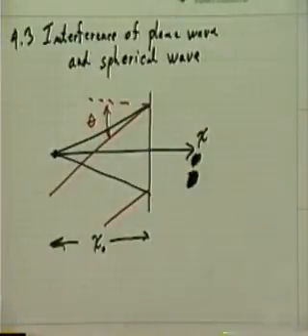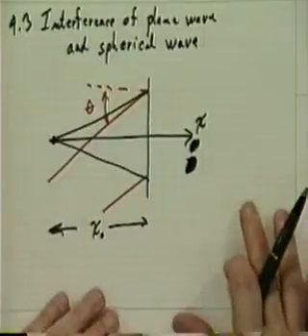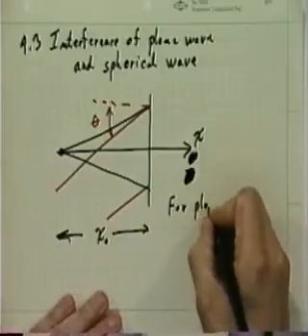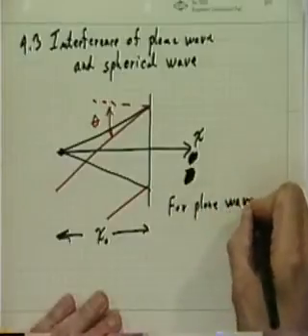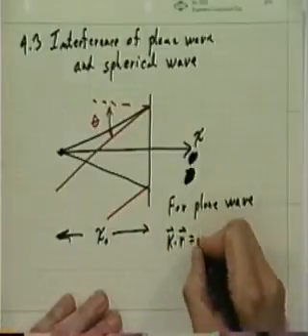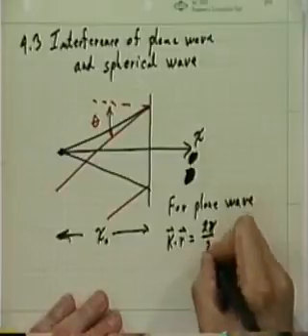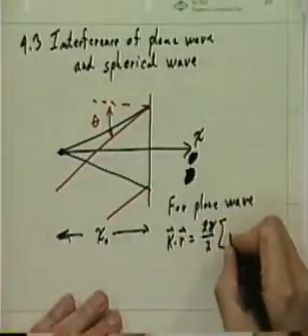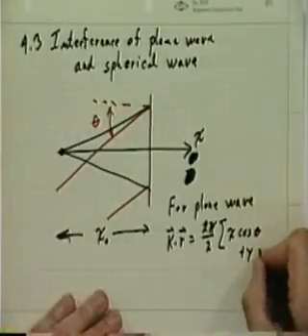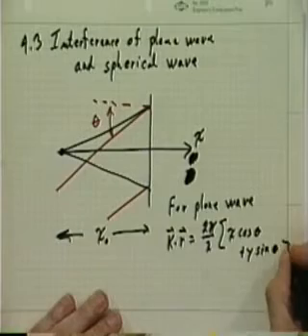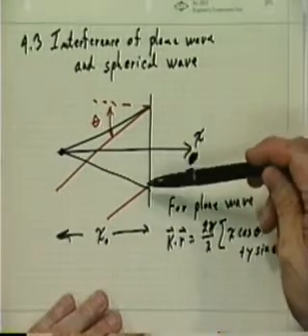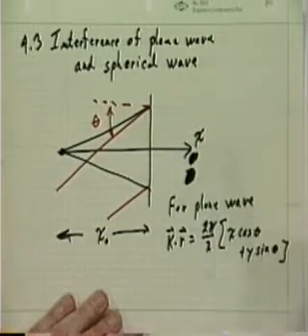And so for the plane wave, we can write here k dot r is 2 pi over lambda times x cosine theta plus y sine theta. Okay? So that's the OPD across this plane.